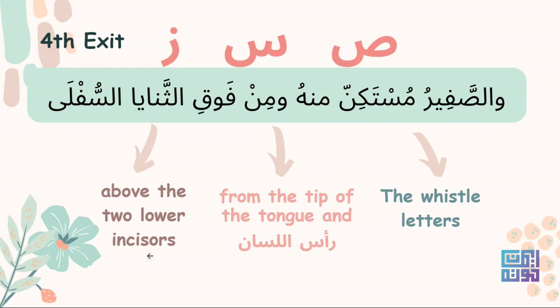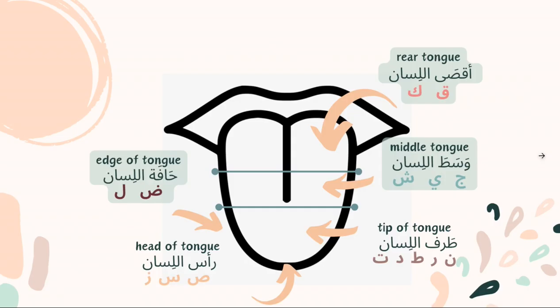We are used to using the upper incisors, but in the case of these three letters, the makhraj is by placing the tip of the tongue, the head of the tongue, above the lower incisors. Let us see more of what we are saying now.